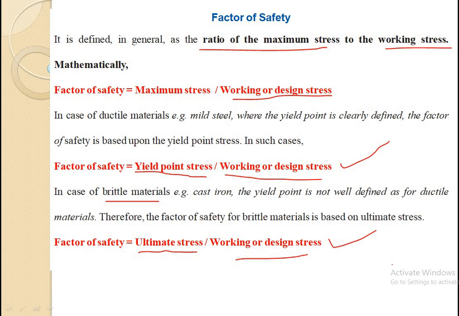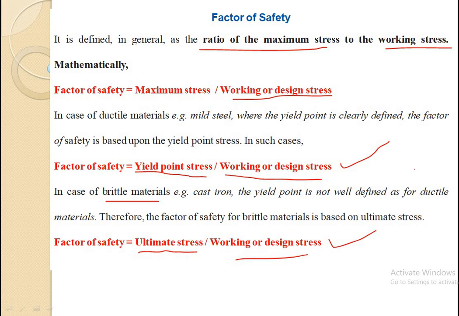So this is regarding the factor of safety. In general, factor of safety is defined as the maximum stress to the working stress. In case of ductile materials, the maximum stress value is the yield point stress, with a notation like sigma yt, to the working stress. In case of brittle materials, the factor of safety is the ultimate stress to the working stress.